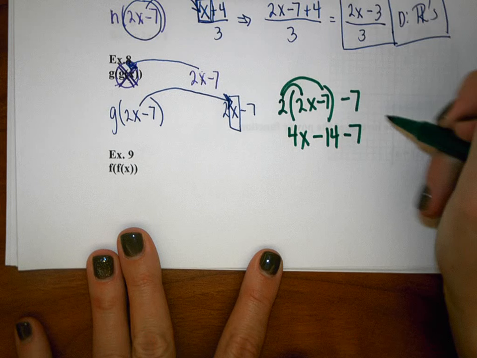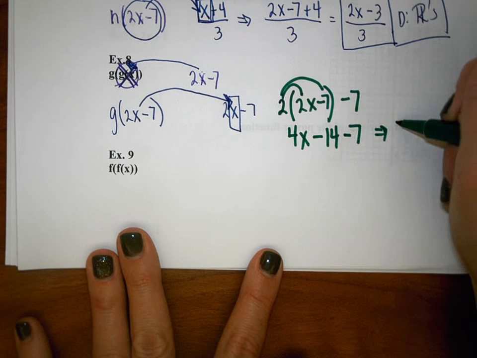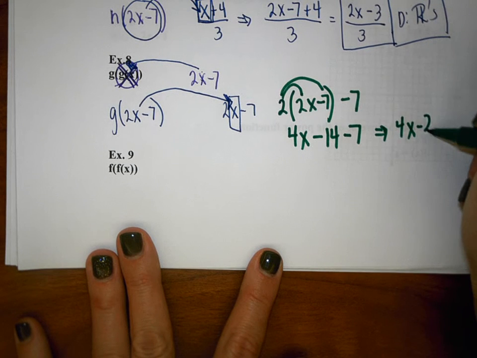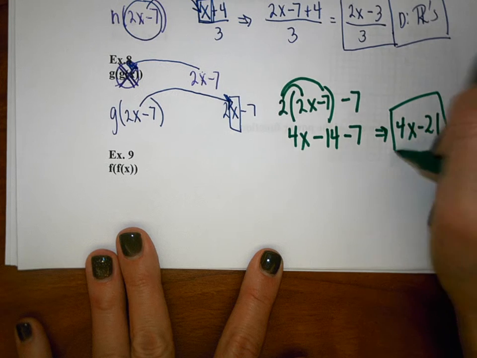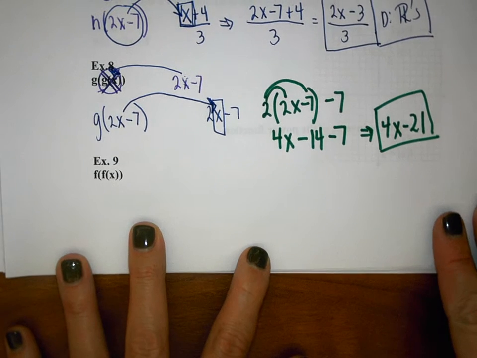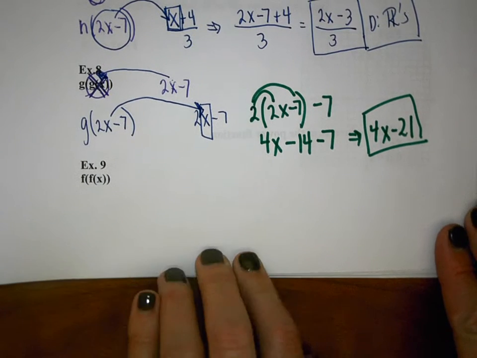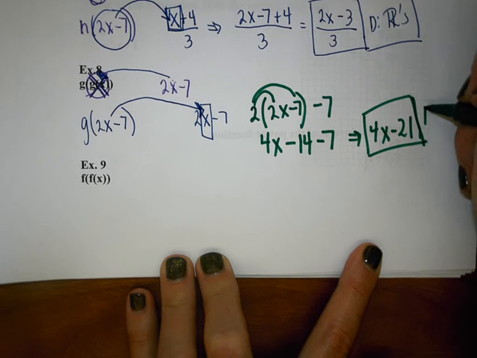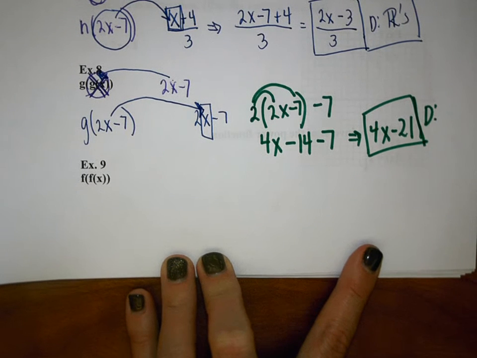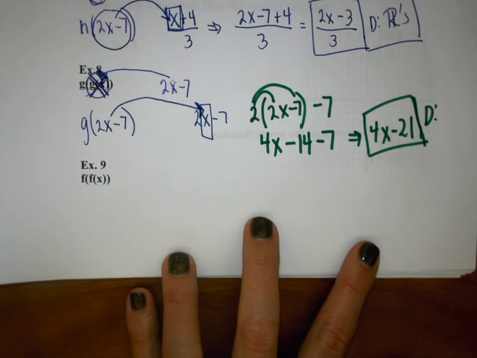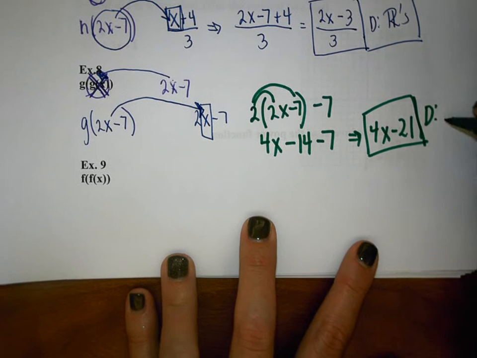And we simplify further, and we get 4x minus 21 as our answer simplified. And then we also need to state our domain. So on this one again, think about, are there any even roots in that problem where we couldn't have a negative number? And there isn't. So again, this domain is all reals.